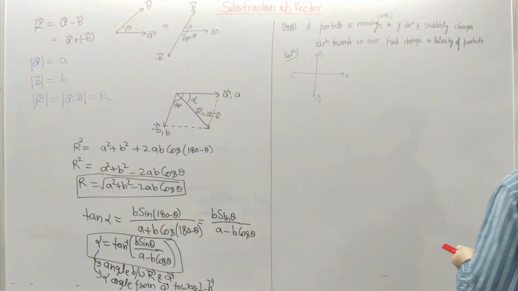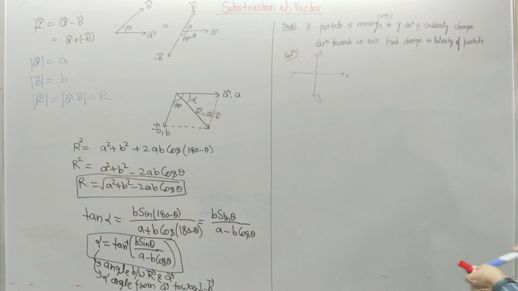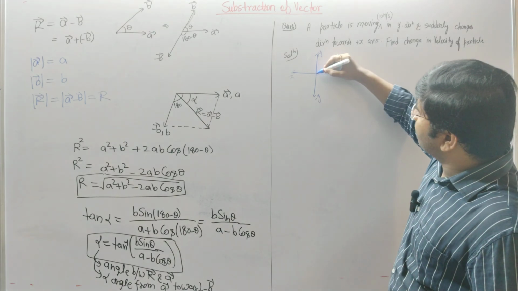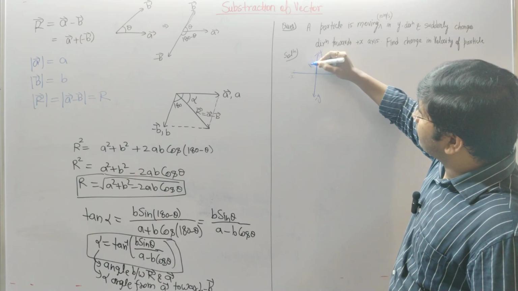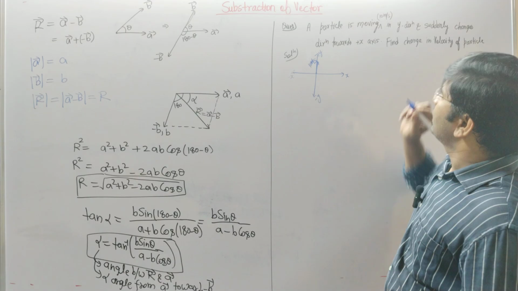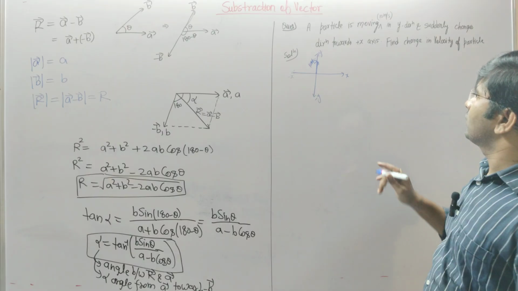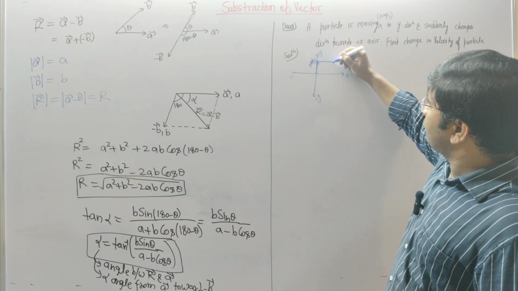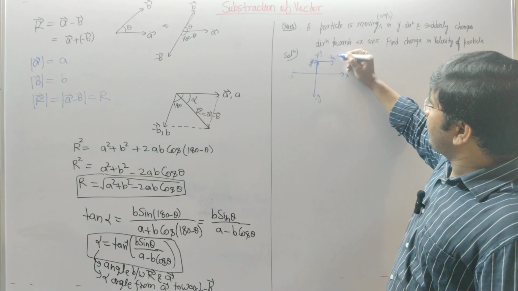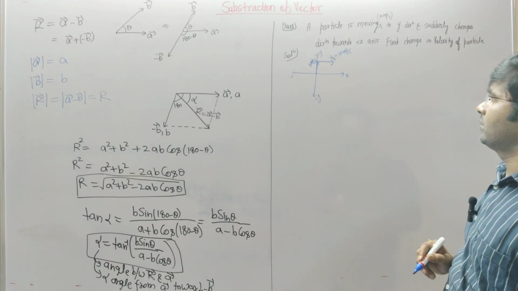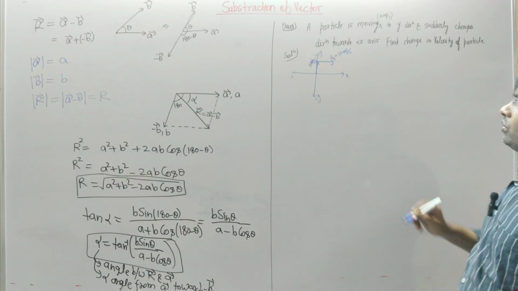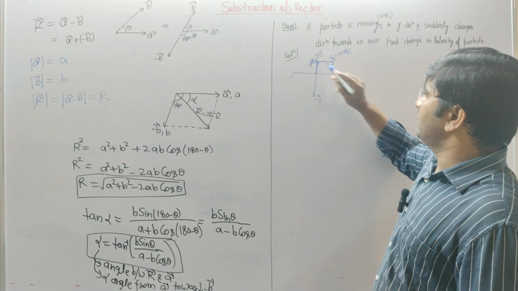So the particle was going initially along the y direction, with 10 meter per second. Suddenly it changes direction towards the positive x-axis. So this is the final velocity. The magnitude is 10 meter per second; the magnitude is not changing, only the direction. So this will be the final velocity, this will be the initial velocity.